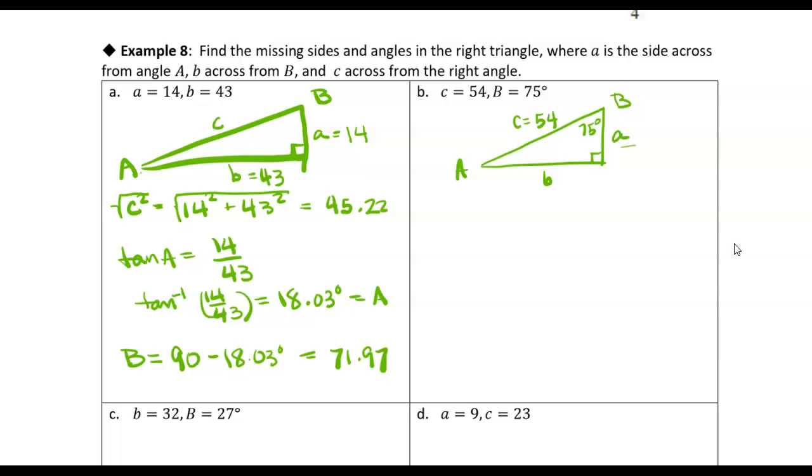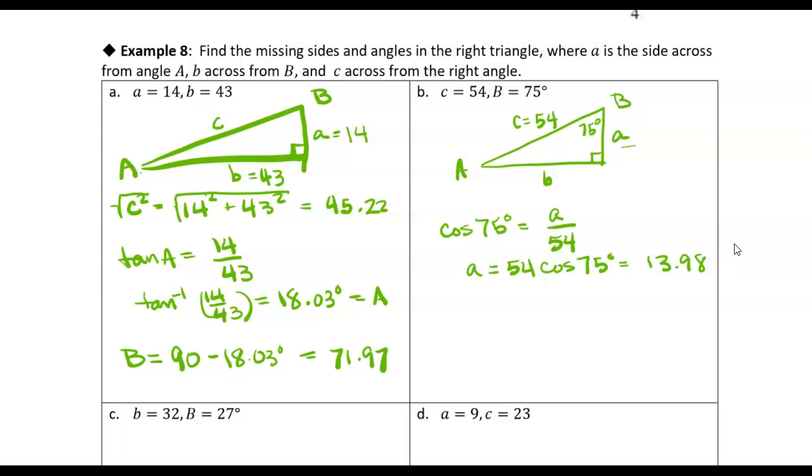If we want side a, that's the adjacent side, and we're given the hypotenuse, so I could say that the cosine of 75 degrees is equal to adjacent a over the hypotenuse 54. So that tells us that a is equal to 54 cosine of 75 degrees, and that gives me 13.98.